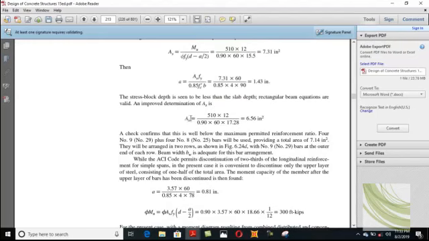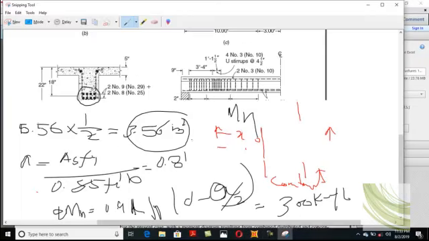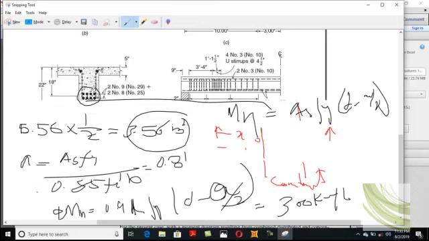You just put this As in that equation and you will get your moment capacity, and that will be more than 510 kip-foot. If you are providing your whole As there, As Fy into d minus a over 2, we have a value that is 1 point something, As will be 5.65, Fy is given. So this phi Mn value must be greater than or equal to 510.